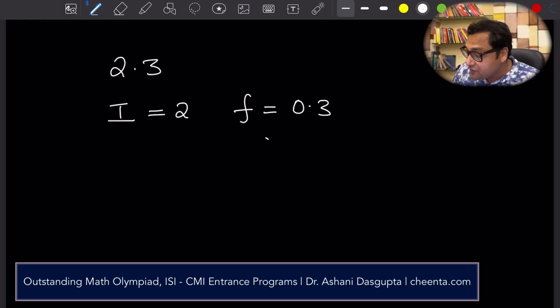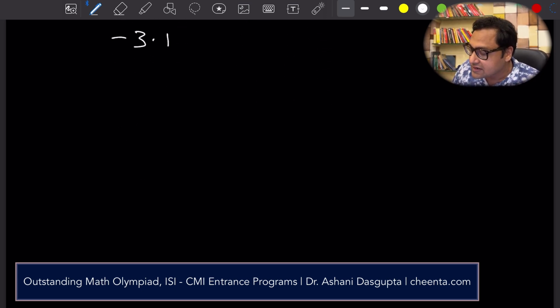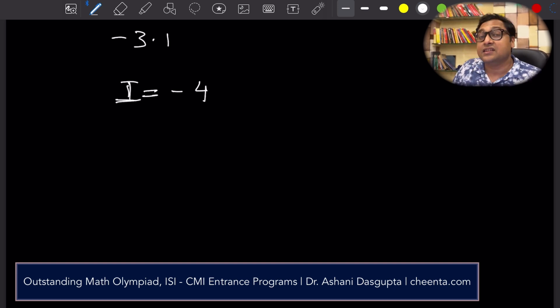Remember, f is always between 0 and 1. Similarly, if you have minus 3.1, then I would be negative 4. Notice that the I part can be negative.